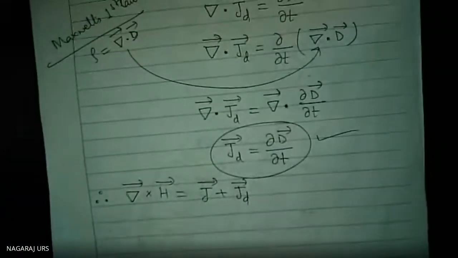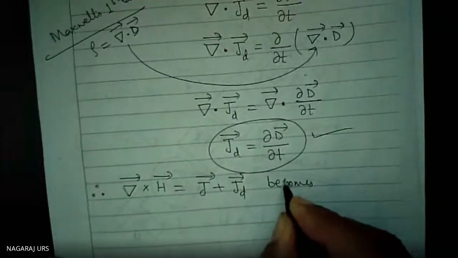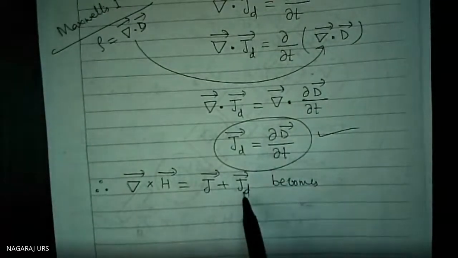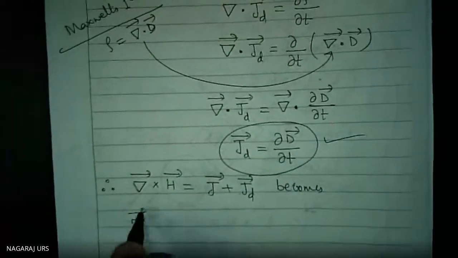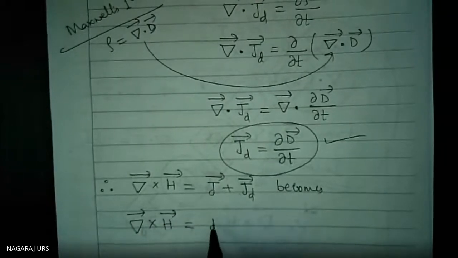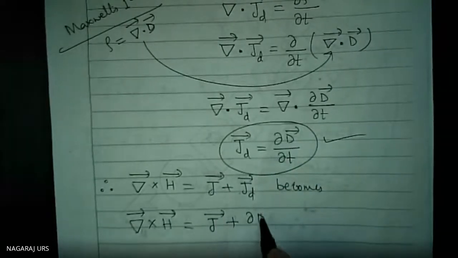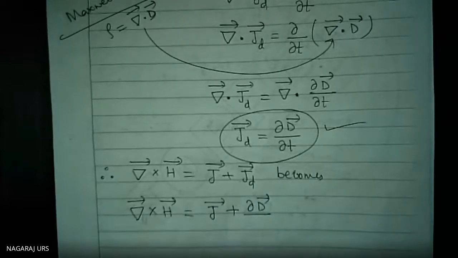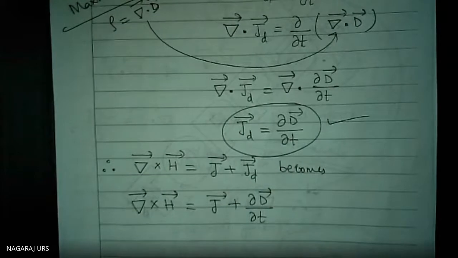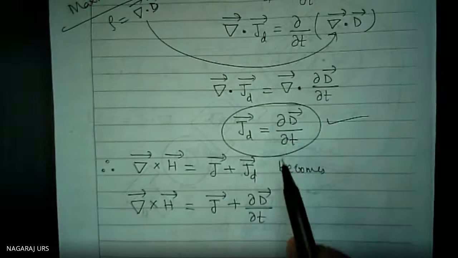The same equation that I have written becomes, substitute this value here. This value we had to substitute here. So therefore, del cross H is equal to J plus del D divided by del t, because Jd is equal to del D divided by del t.